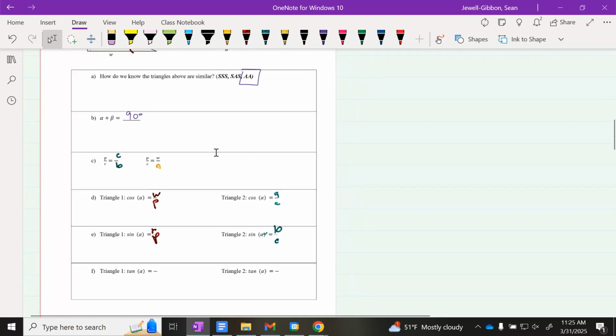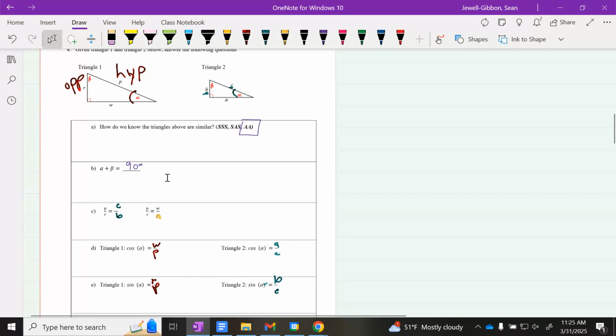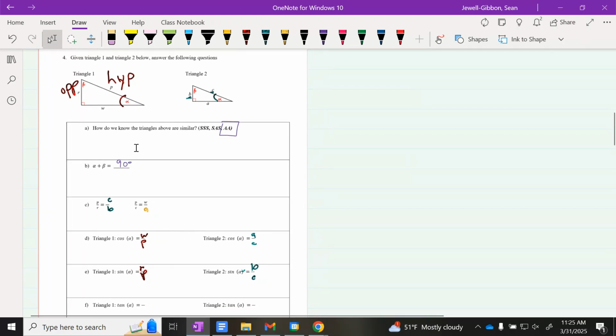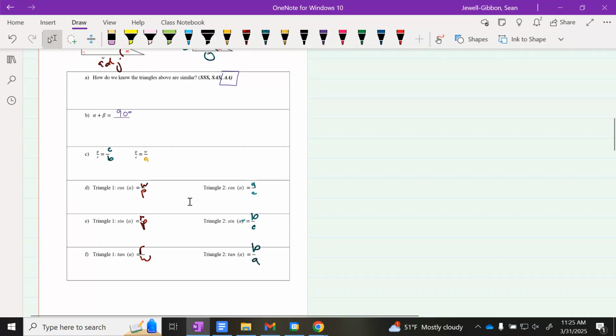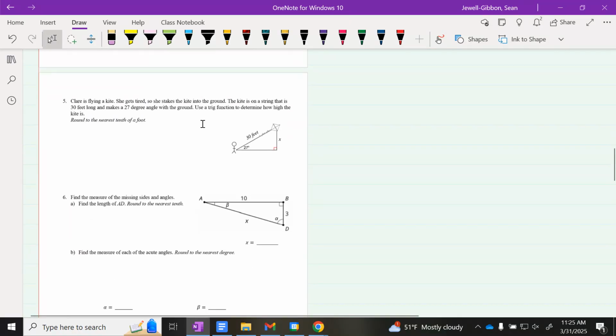So we got the tangent of alpha equals, so you can see this here. All right, so tangent deals with opposite and adjacent. So we got R over W, and then we have opposite B over adjacent A, B over A. All right, so just quickly setting up those ratios there.